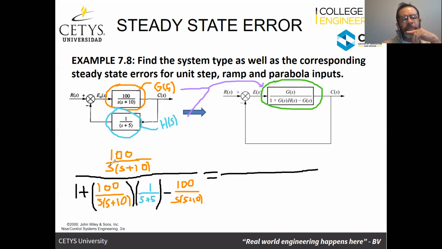I'm going to multiply everything by the common denominator, which is S times S plus 10 times S plus 5. So what I'm going to get is, I'm going to write it in, let's say, pink.